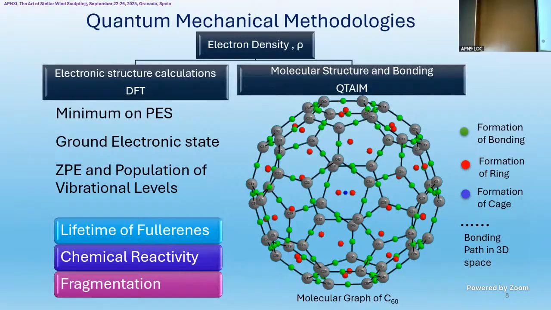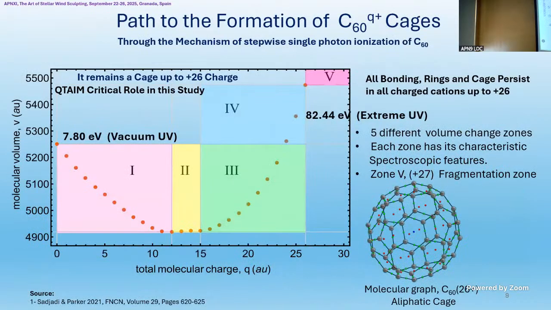This is very important because the lifetime of the fullerene will dictate its chemical reactivity and fragmentation. And finding these species was very important because it led us to a mechanistic approach, understanding what is happening.